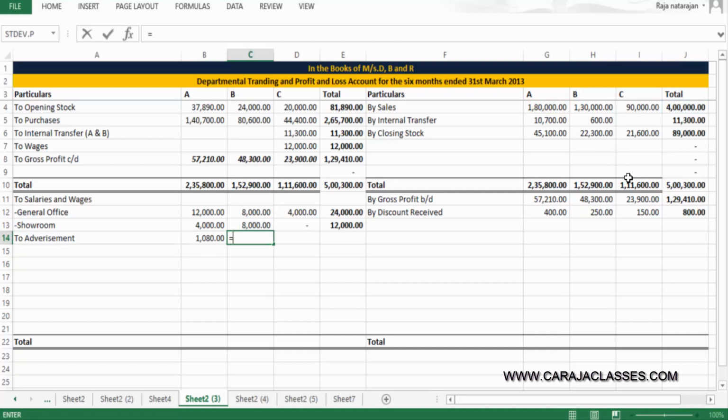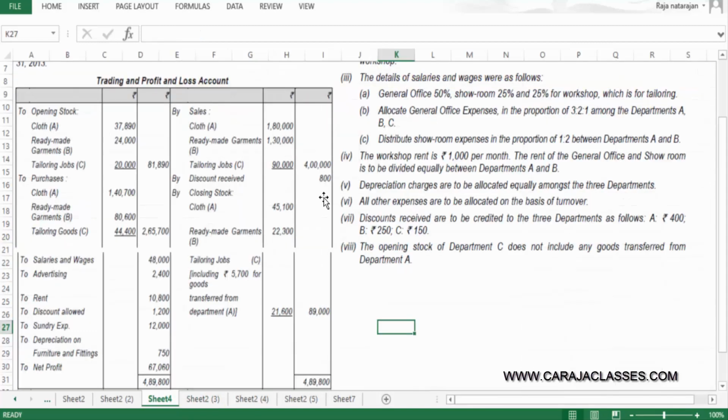Similarly, for department B, it's 2400 divided by 4 lakh multiplied by 1,30,000. I get 780 here. And third case, 2400 divided by 4 lakh multiplied by 90,000, I get 540, and if I total this, I get 2400. So advertisement is also taken care of.